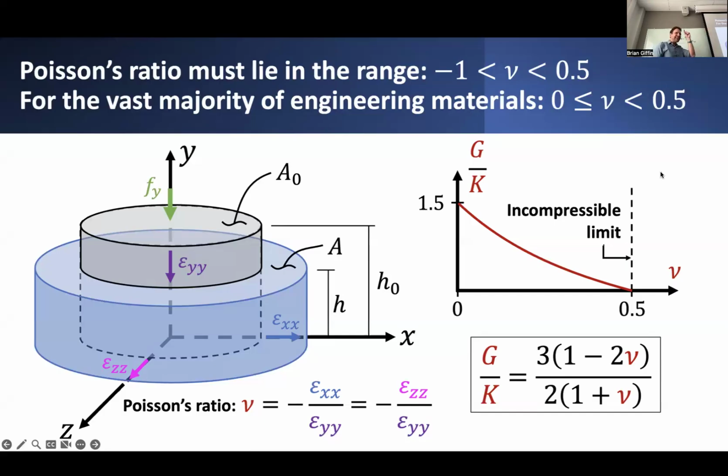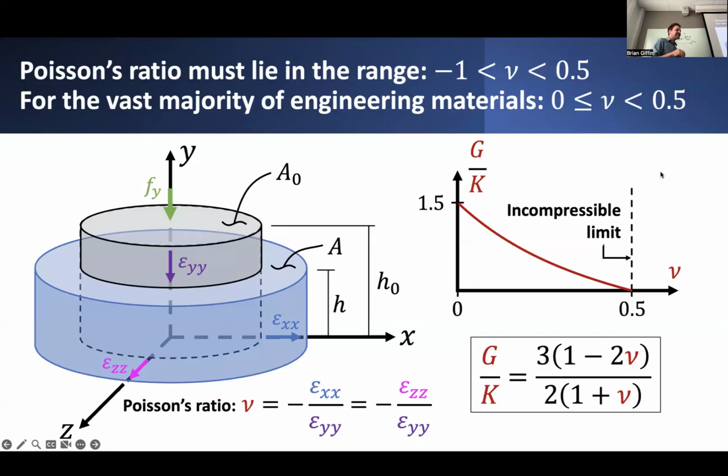There's always at least a little bit of residual shear stiffness, so the shear modulus is never exactly 0, and the bulk modulus is never exactly infinite. There's no such thing as a truly incompressible material. Everything is a little bit compressible. So you never achieve the true limit of incompressibility. But it still provides a nice upper bound on what the Poisson's ratio can be, and a connection to the relationship between G and K.